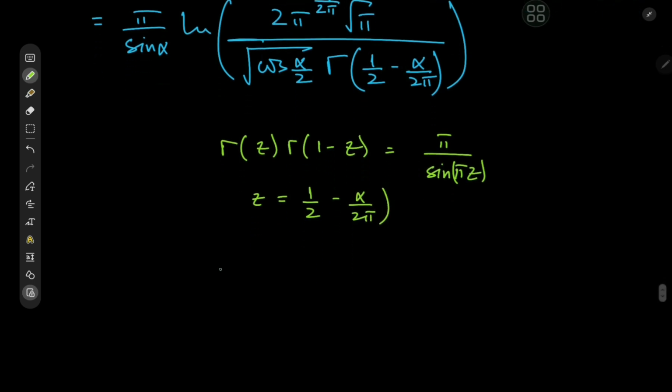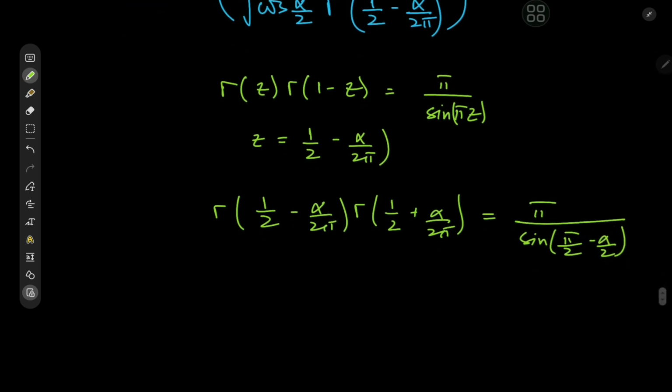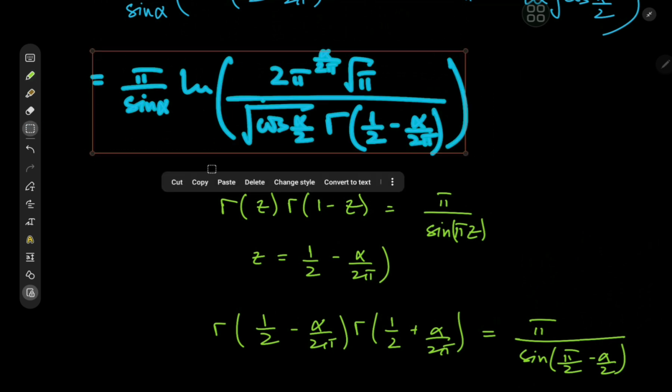So that would give us gamma 1/2 minus alpha by 2 pi times gamma 1/2 plus alpha by 2 pi equal to pi divided by the sine of pi by 2 minus alpha by 2, which we recognize as a phase shift that just gives us pi divided by cosine alpha by 2. And that's exactly what we have here. We have that in the square root, which means we can make use of this result.